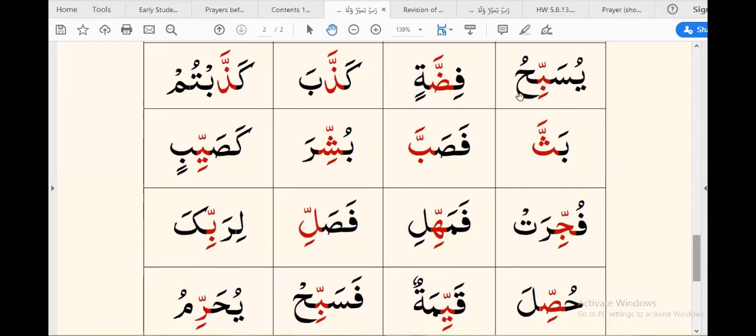Yusabbihu. Well done. Excellent. Let's carry on. Fiddatin. Well done. Excellent. But remember, the ta has a tanween underneath it. So, tin.